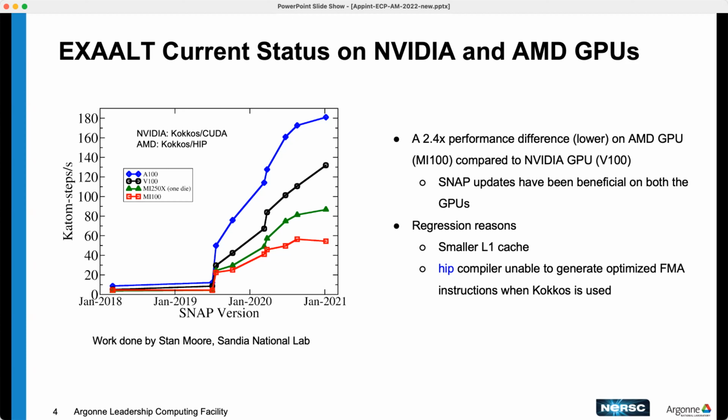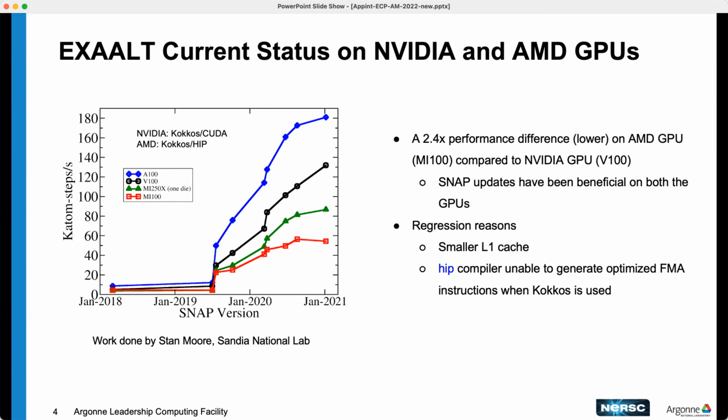We are currently trying to resolve the issues because of which such a performance gap is arising. Some of the issues that we boiled down to as reasons for this performance difference: smaller L1 caches on AMD GPUs, and that is impacting our performance of SNAP tremendously.